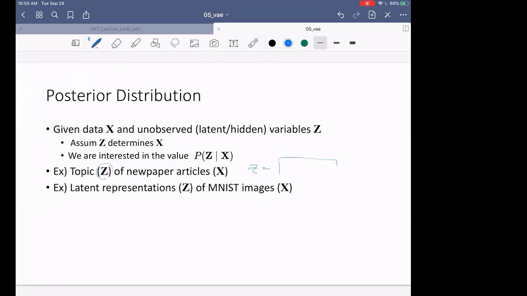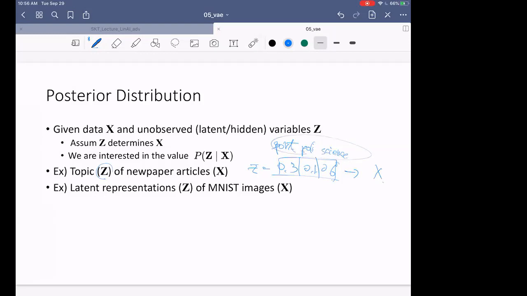So Z could be a three-dimensional space where the first dimension represents sports, this represents politics, this represents, I don't know, science, and your X is coming from a distribution of Z, so it's a multinomial distribution, so maybe it's 0.3, 0.1, and 0.6. Then given this Z distribution, your X is determined to have this kind of semantic, or this ratio of contents.